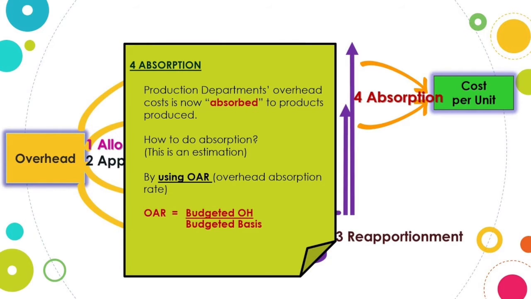The text has gone behind the main pic. So the first step in overhead cost control is allocation of overheads. Now allocation, as I had mentioned to you previously, means giving or charging the various departments their direct costs. That is called allocation.